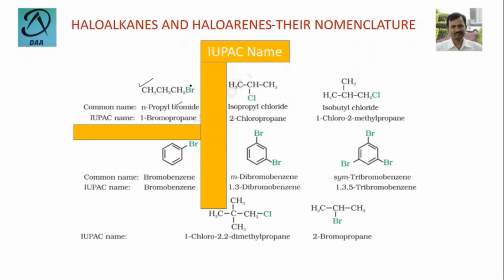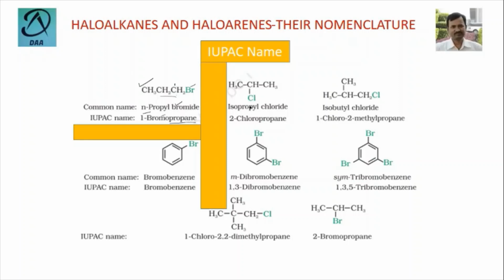So propyl bromide. But what is the IUPAC name? You see, this is propane, so we write propane, and before that, the position number: carbon number 1 has a bromine atom. So 1-bromopropane.